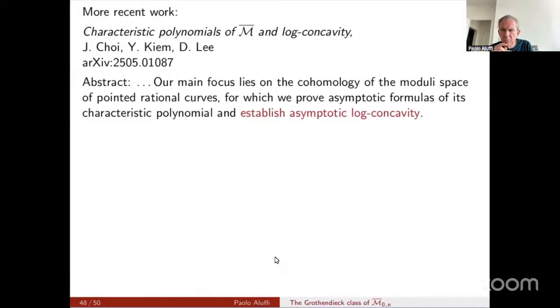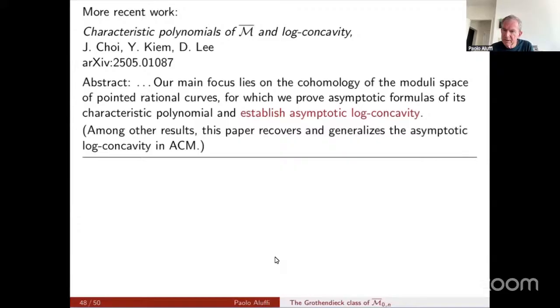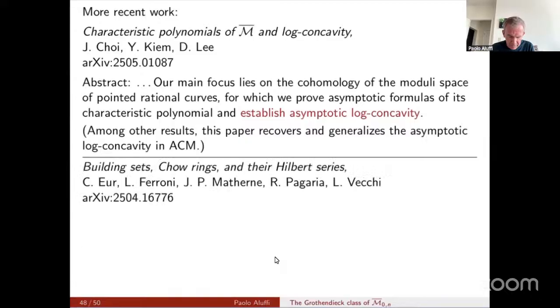Actually, what they work with includes the information of an action of a permutation group. So it's substantially more general than what we do, and they do establish asymptotic log concavity in that context. So they recover this result I've talked about in the last 5 minutes with Marcoli and Chen.